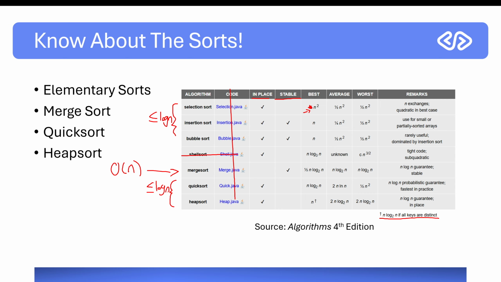So all you have to know is that merge sort uses an additional array of memory, and all the other ones don't. If you just see variables being defined and not another array that's copying everything, it's in place. And merge sort is the only non-in-place one.